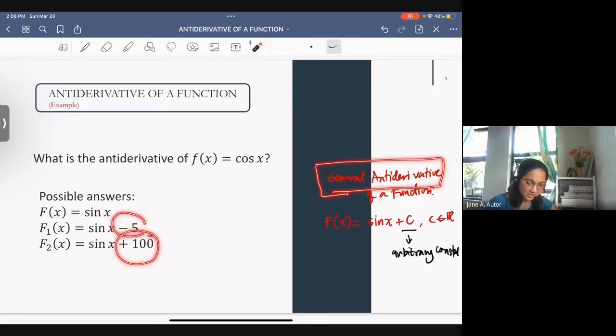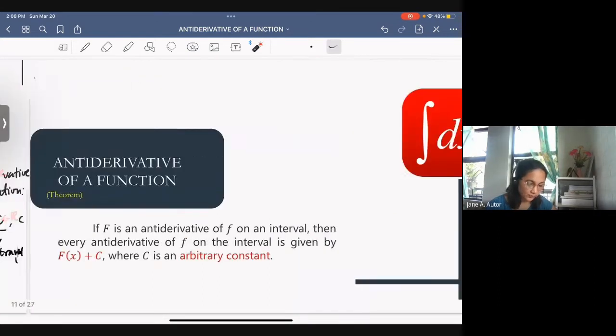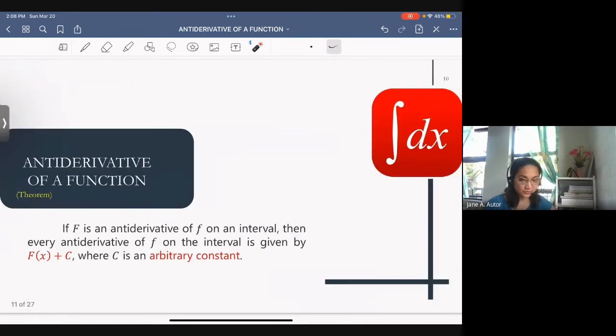These constants are represented by our arbitrary constant C. But if we have one specific constant, then we call that again a particular antiderivative of a function.